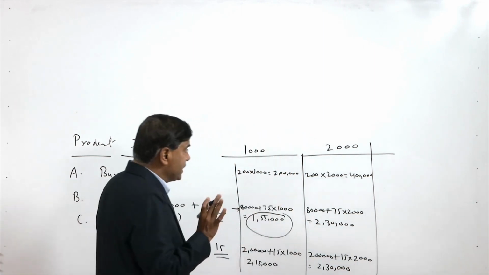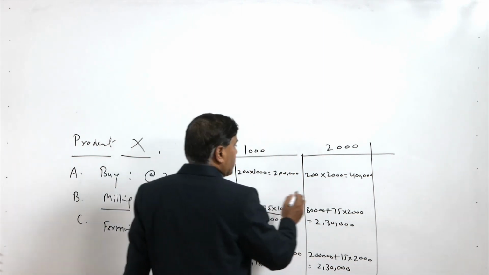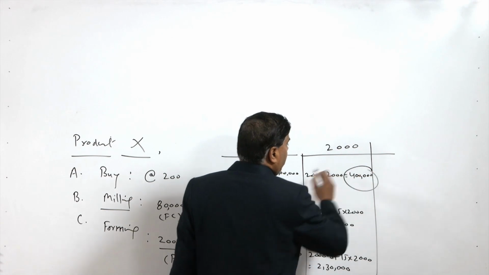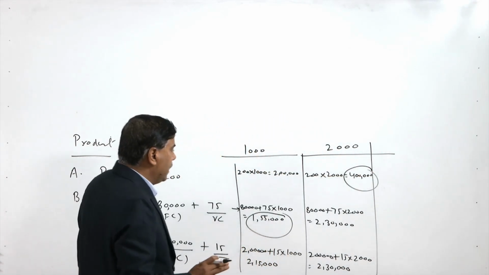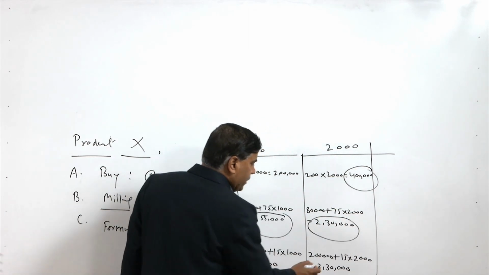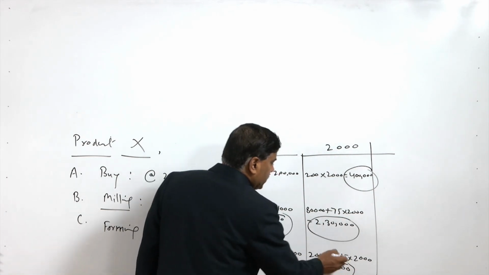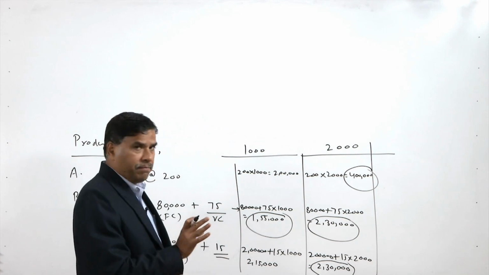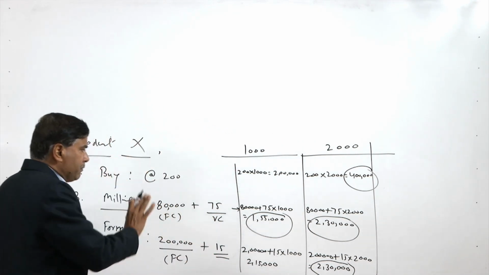If we see this scenario, the costliest option is option A, buying from the market, and the other two options, milling and forming, have almost the same total cost.